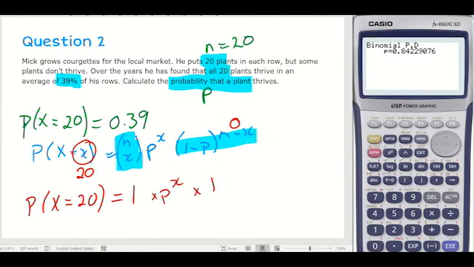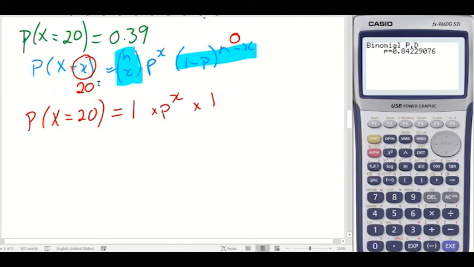So the formula still simplifies in a very similar way as we talked about earlier. Okay, so now using that, I know my probability of all 20 plants thriving is 0.39, and p to the power of x is 20. So there is my equation.